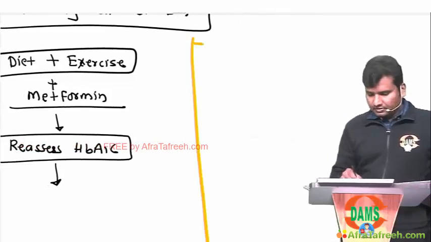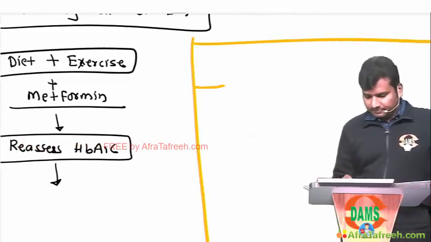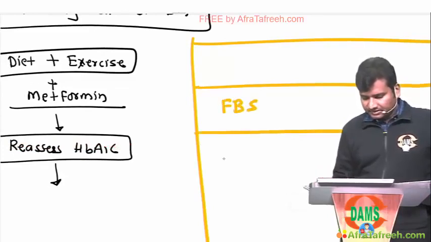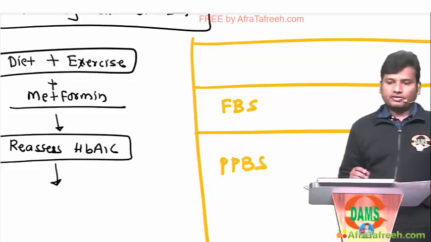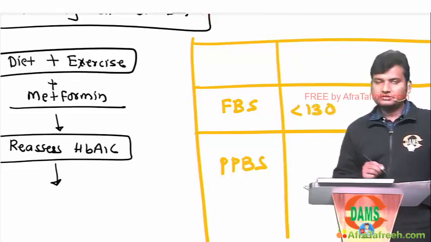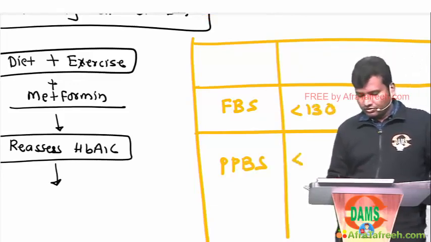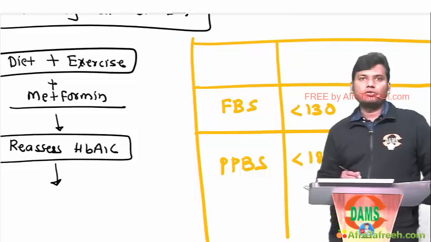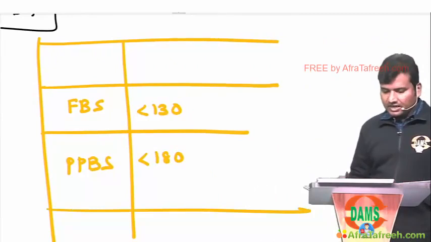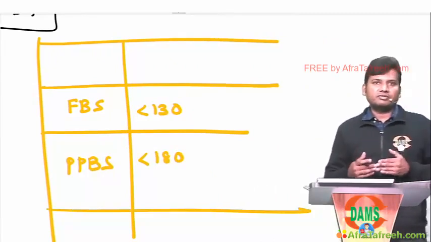Now, generally, we first repeat FBS level and PPBS levels. The target of FBS, we want to decrease FBS below 130 and we want to decrease PPBS below 180. Okay, this is our target. We will start diet, exercise and metformin.